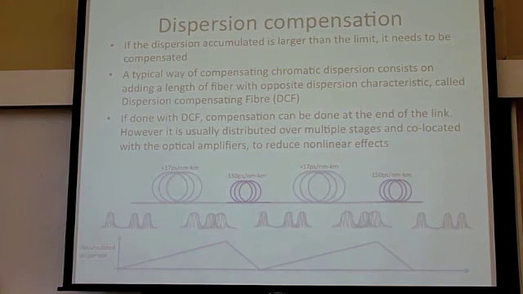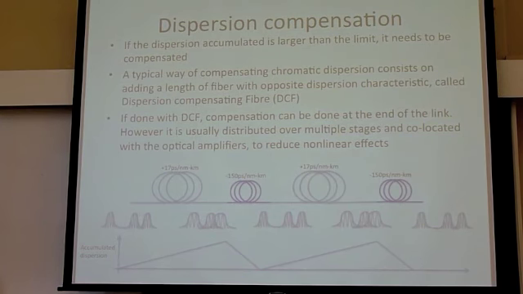You see the pulse spreads, and then it's reduced. This is the accumulated dispersion: a positive, relatively low slope going up, and then on the compensating fiber the dispersion goes back to 0. Of course, I have to know exactly how much fiber I need.